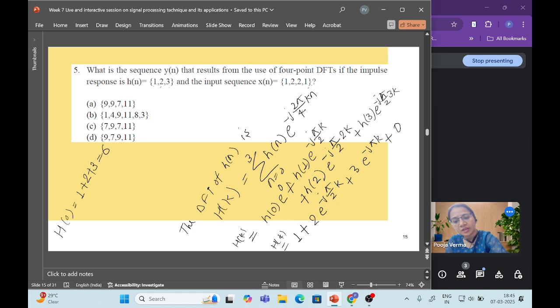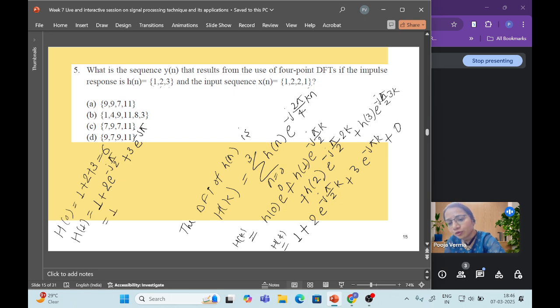Okay, H of 0. Now similarly we have to calculate H of 1. So if you put k is equal to 1 in this equation, you will get 1 plus 2 into e to the power minus j pi by 2 plus 3 e to the power minus j pi. Okay, because k is equal to 1. Here we are putting k is equal to 1.